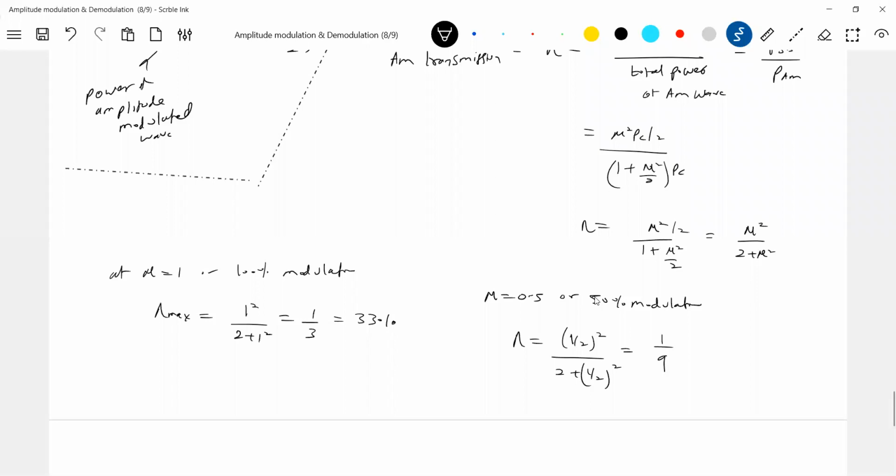Still very poor, no? The efficiency will be about 11%. So definitely you can't go for a higher value of mu. With a lower value you get poor efficiency, and the maximum permitted mu is 1.